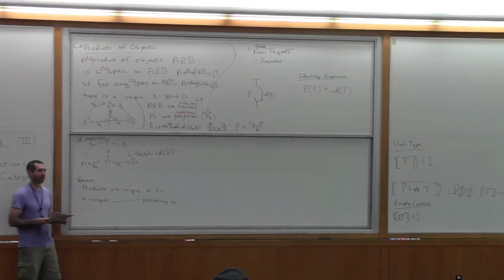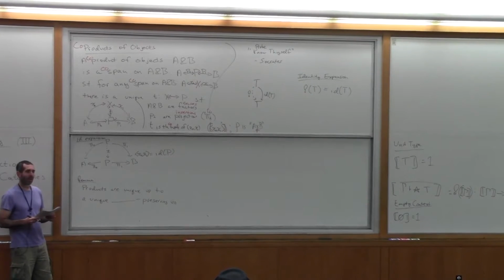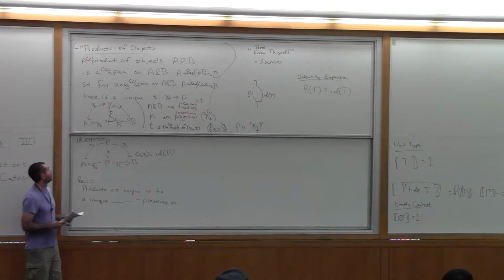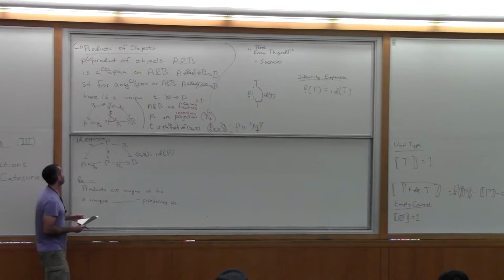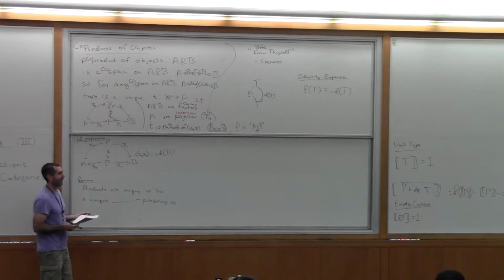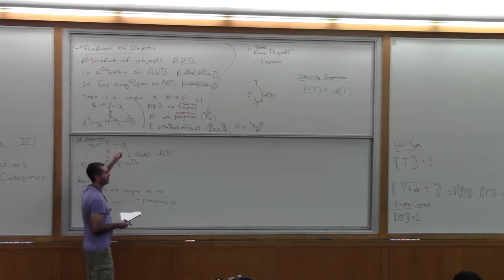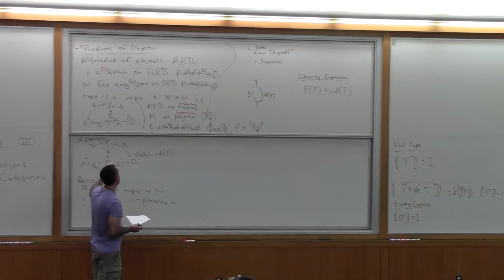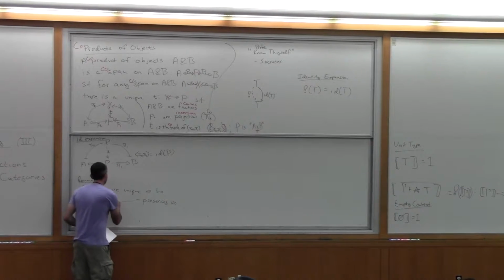What do you think that the structure should be here? Well, let's see. It's going to end up being basically the arrows involved in the distinguished construction. So here, that was the span, right? And the span of a product is the projections. So this will turn out to be projection.